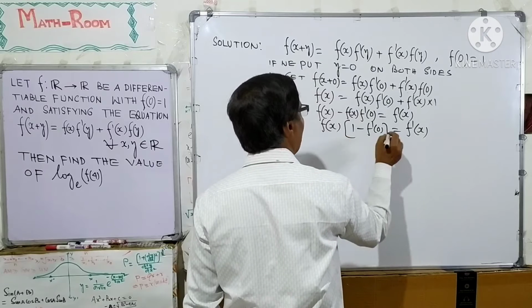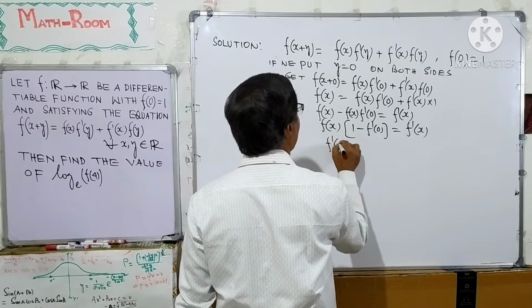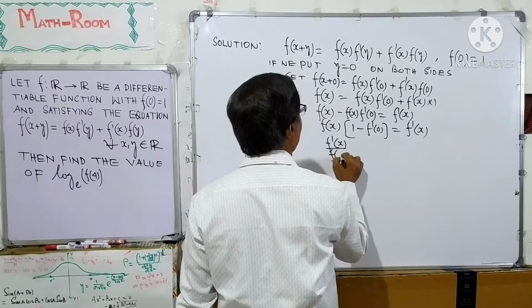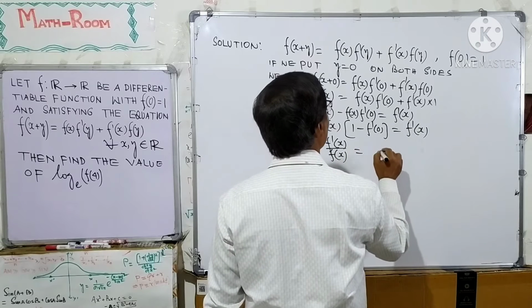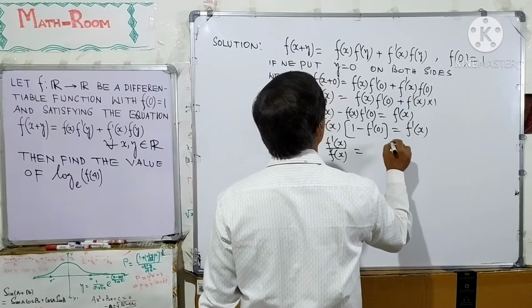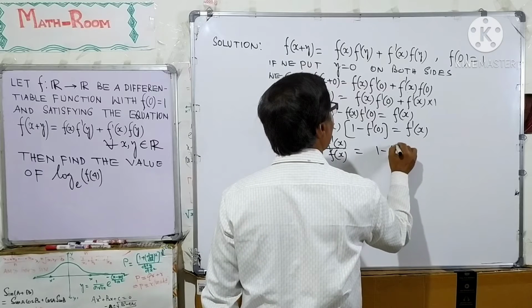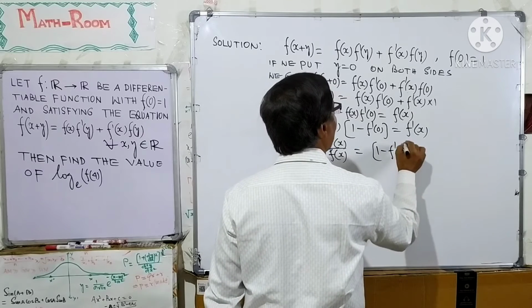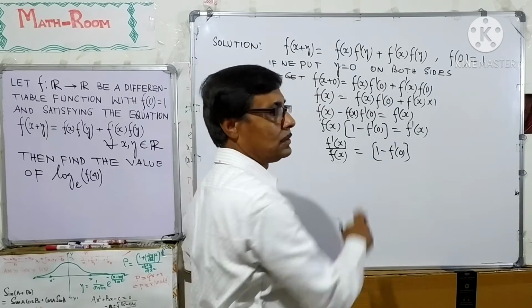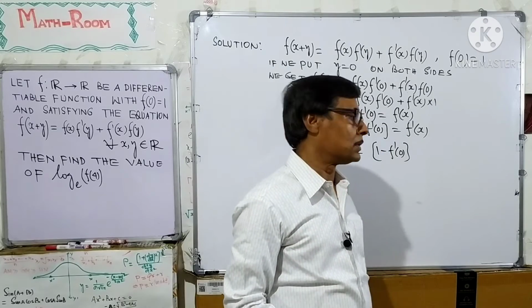So, we can write f'(x) over f(x) equal to 1 minus f'(0). This is constant; 1 minus f'(0) is constant.